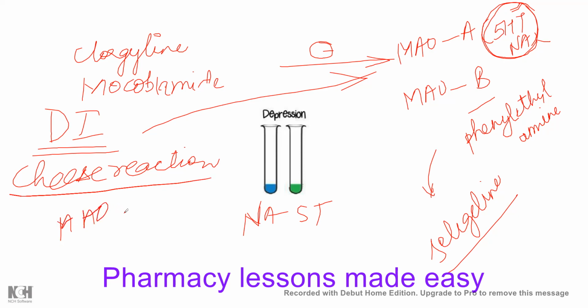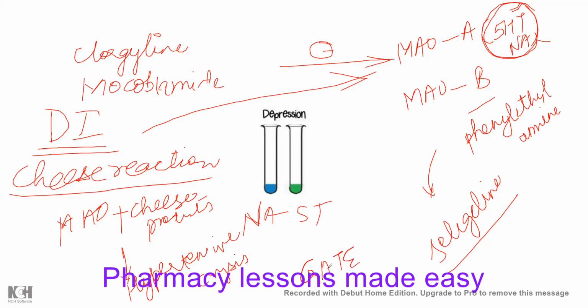So simultaneously monoamine oxidase inhibitors and the protein products or cheese products should be avoided, because that may lead to hypertensive crisis. So this is very important, and this question has also been asked in the previous exams of GATE.